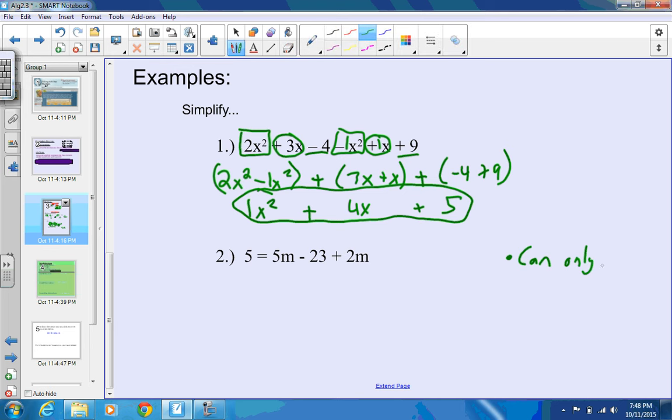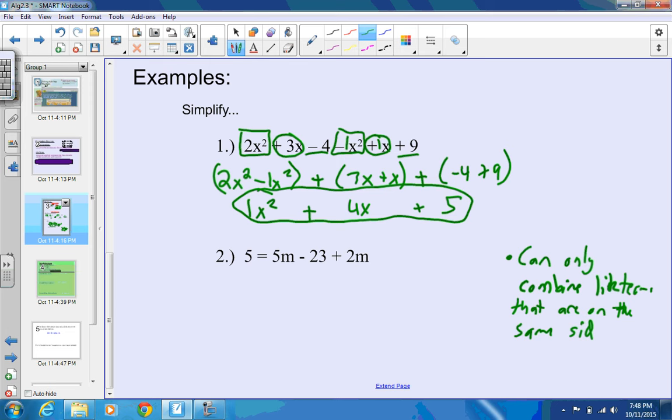I apologize. So if you look at this example, there's a 5 over here and there's a minus 23 over on the right. They're on different sides of the equation, so you cannot combine them.